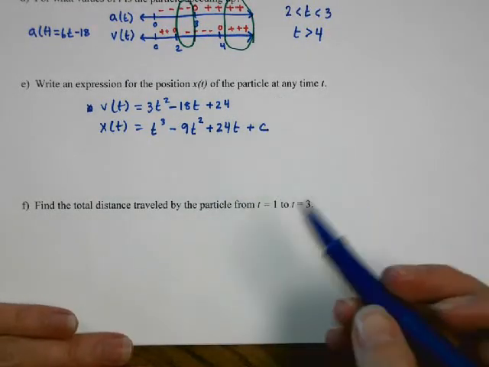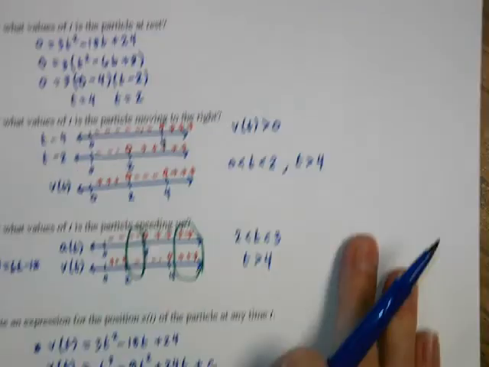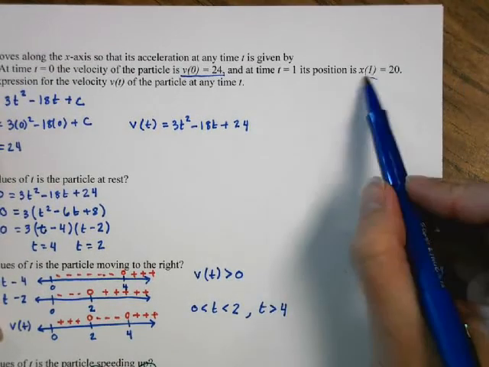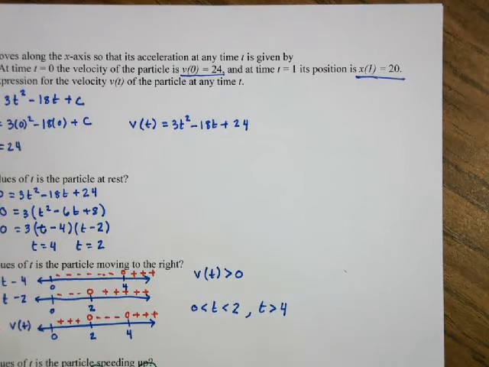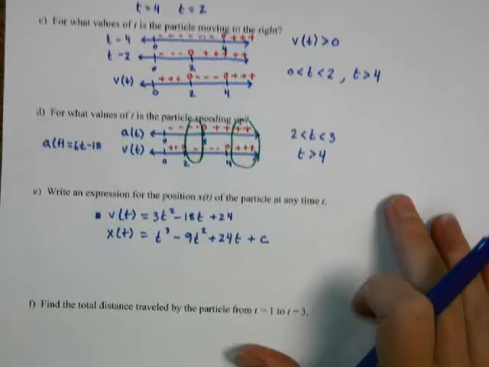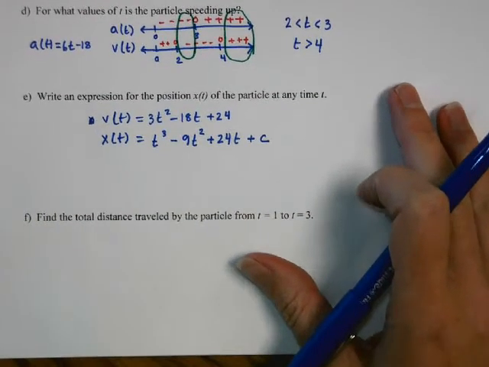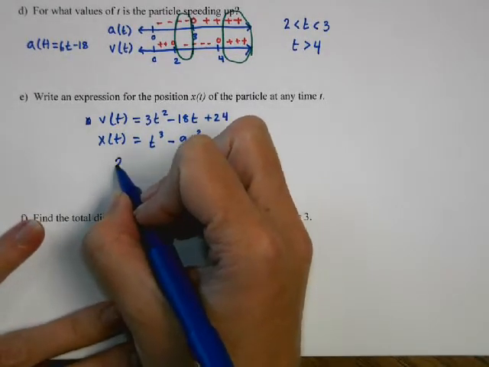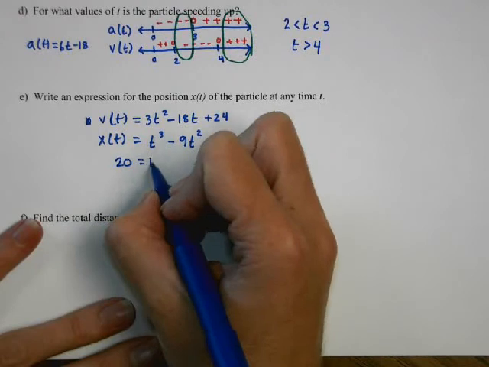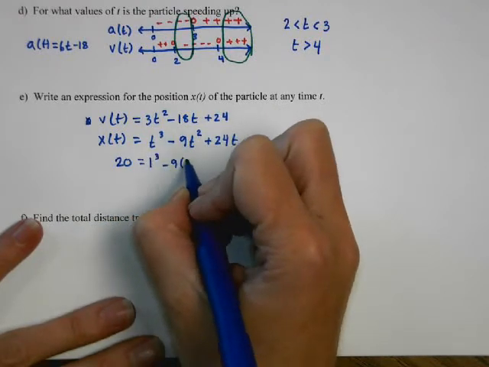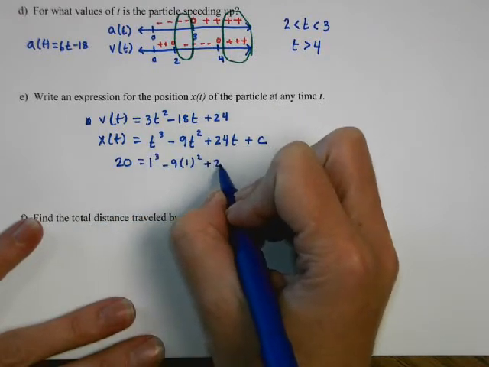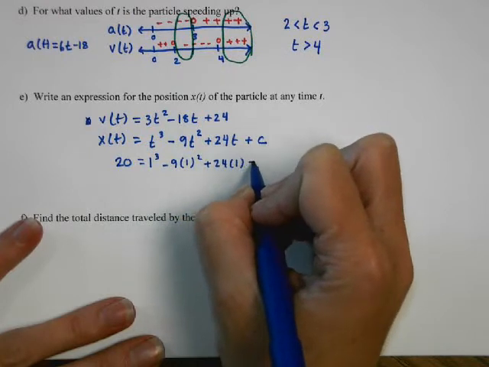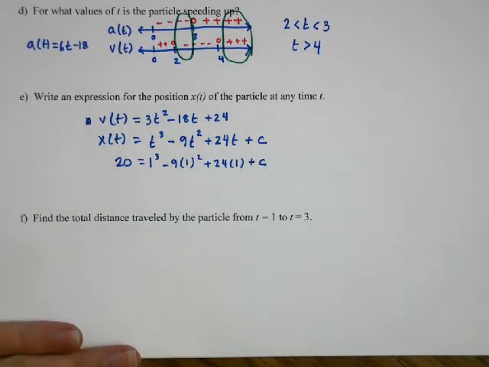We're going to go back to the original information they told us, that x of 1 is 20, to figure out what that c value is. So we're plugging in 1 to find c.